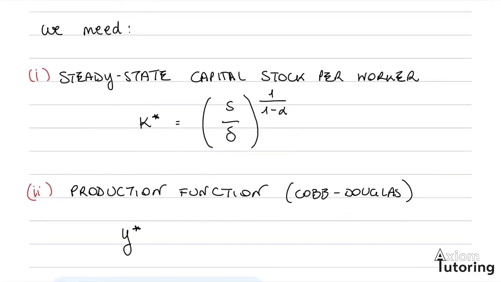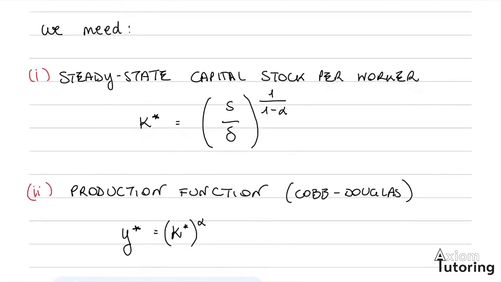Well, according to our Cobb-Douglas production function, we just need the level of capital in the steady state, everything to the power of alpha. Again, the reason why we don't see L, which stands for the labor force, is because we are looking at per worker equations. So even if we don't see it, it's still embedded in these variables.